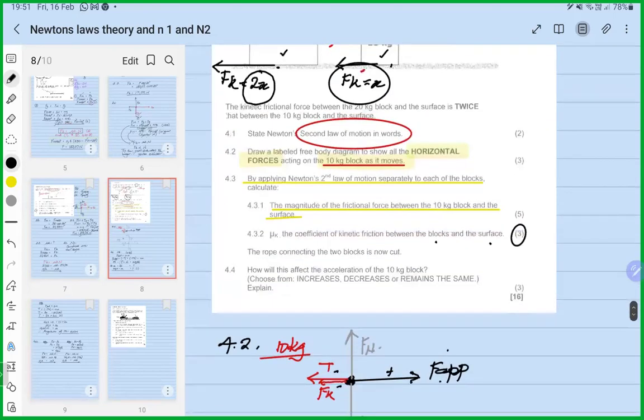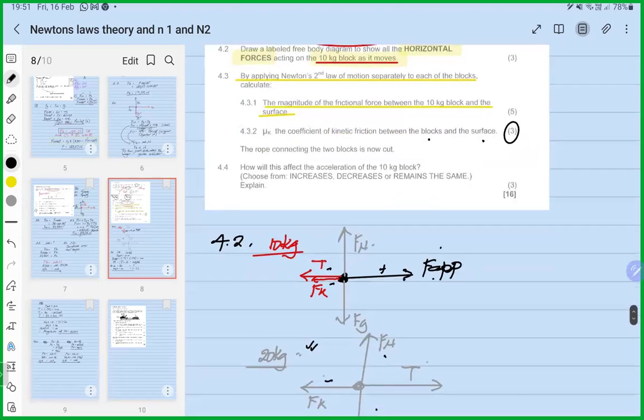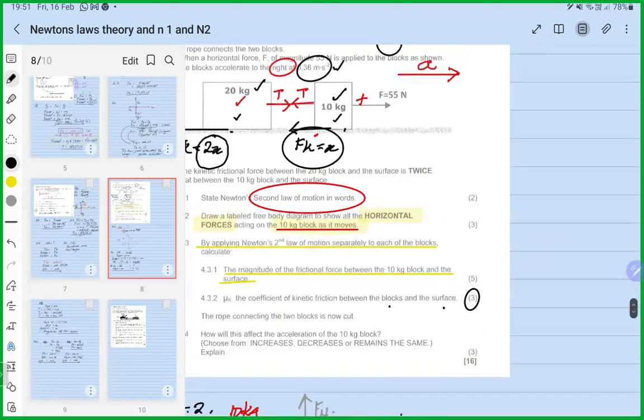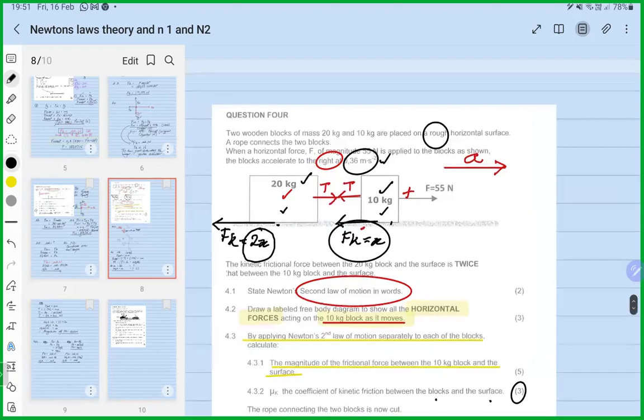And then one more question. The rope connecting the two blocks is now cut. If the rope is cut, there's no tension. That means there is no force applied in the direction of the acceleration on the 20 kilogram anymore.